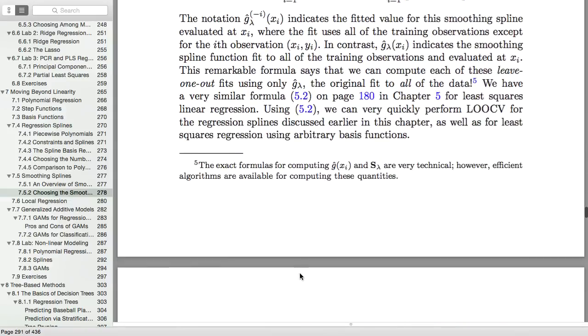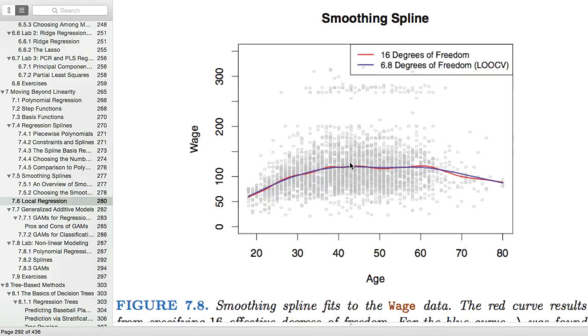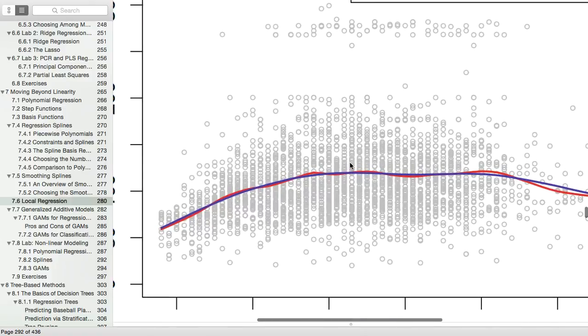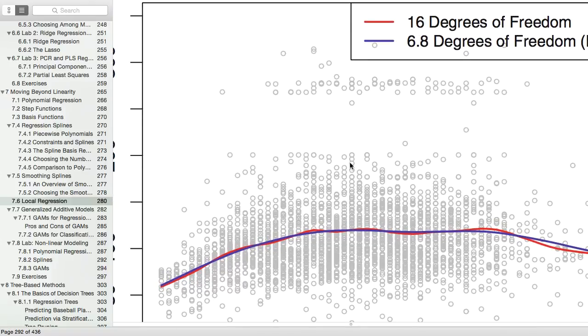So let's take a look at the example that's given here: two curves, one with 16 degrees of freedom and one with 6.8 degrees of freedom, using leave-one-out cross-validation. So we've already learned that. And you can see that with more degrees of freedom, the curve is more wiggly.